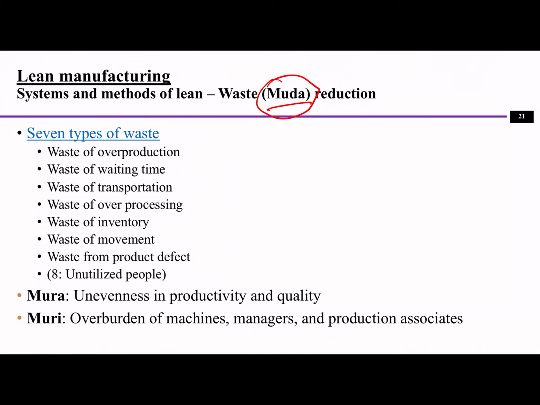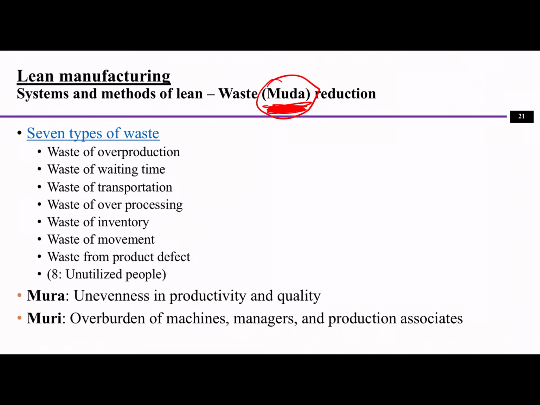You need to remember this word well, because it's probably going to come up a lot in production companies in industry, because muda is a Japanese word for waste, and people sometimes just use muda instead of waste. You need to understand what it means.